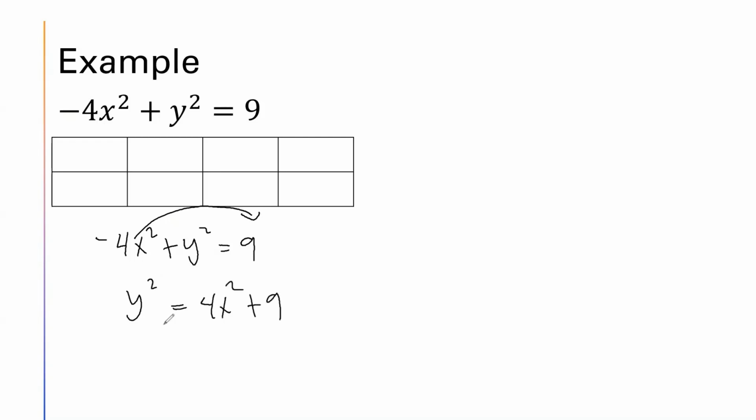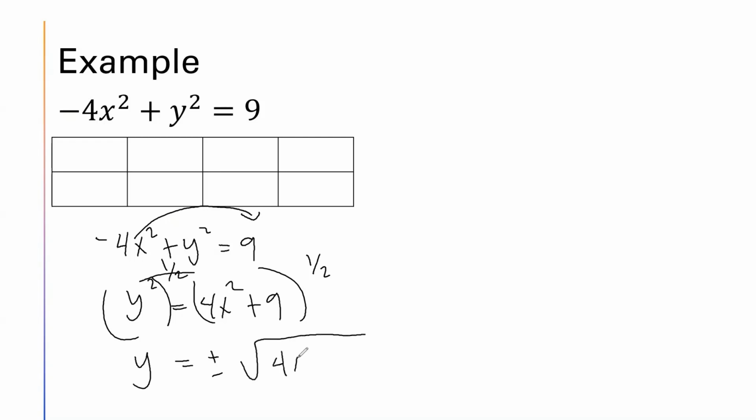To remove the square in y, we're going to raise both sides of the equation to the 1/2 power, or take the square root. So we have y is equal to positive negative square root of 4x squared plus 9.